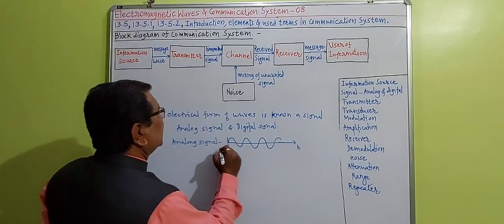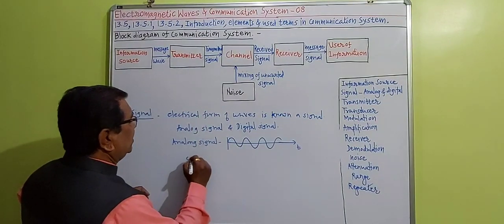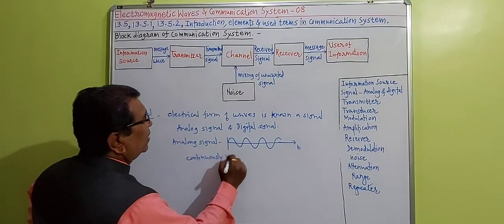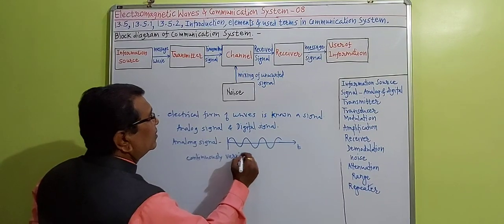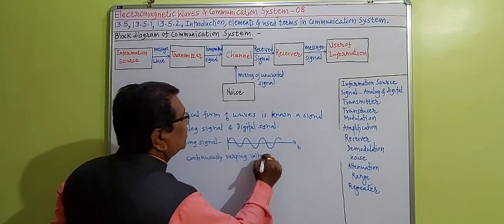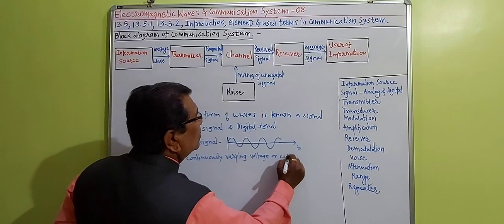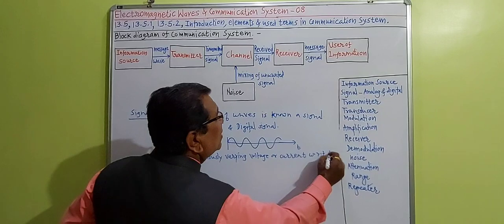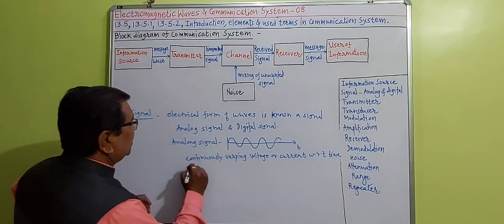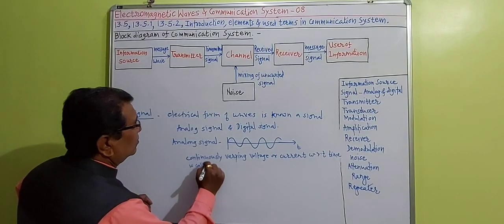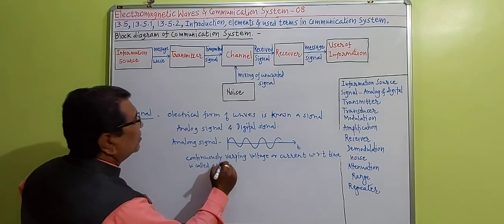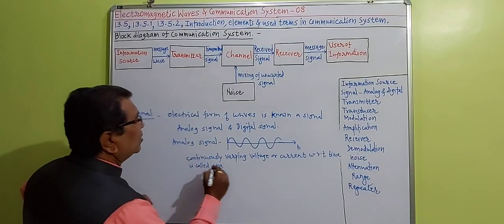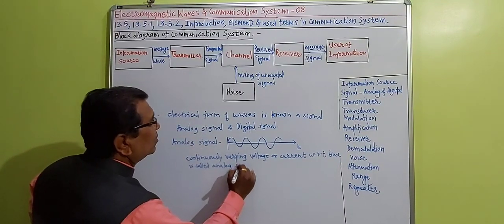This is voltage or current, so we can write here: continuously varying voltage or current with respect to time is called analog signal.